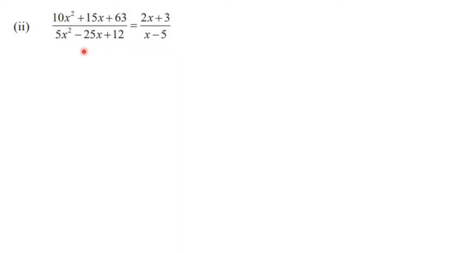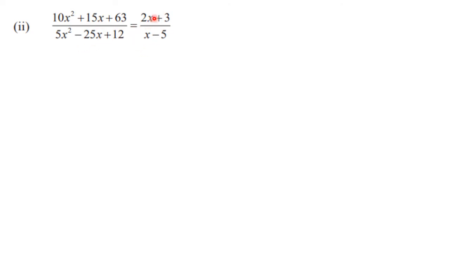There is a slight difference between question number 1 and 2. In question number 1, what we found is that the 3 terms are in numerator and 2 terms are in denominator. Similarly, on right hand side also, we were having 3 terms in the numerator and 2 in denominator. But here, 3 terms we find on the left hand side and 2 terms we find on the right hand side.